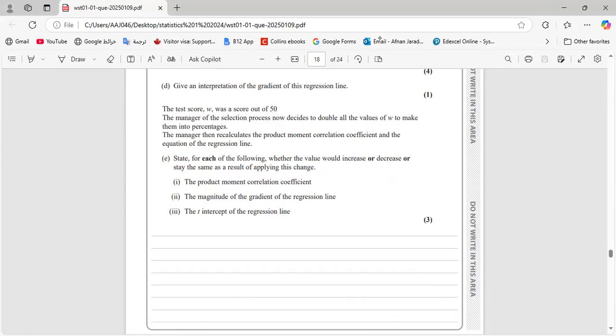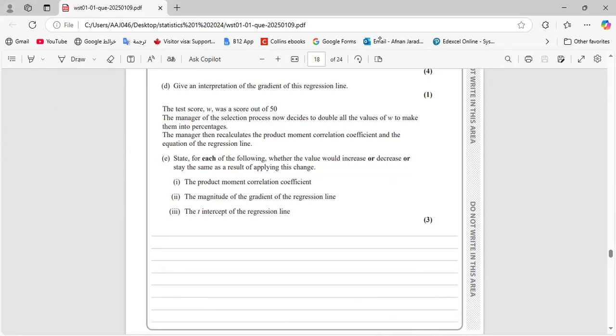The manager then recalculates the product moment correlation coefficients and the equation of the regression line. State for each of the following whether the value would increase, decrease, or stay the same as a result of applying this change. What about the product moment correlation coefficient?